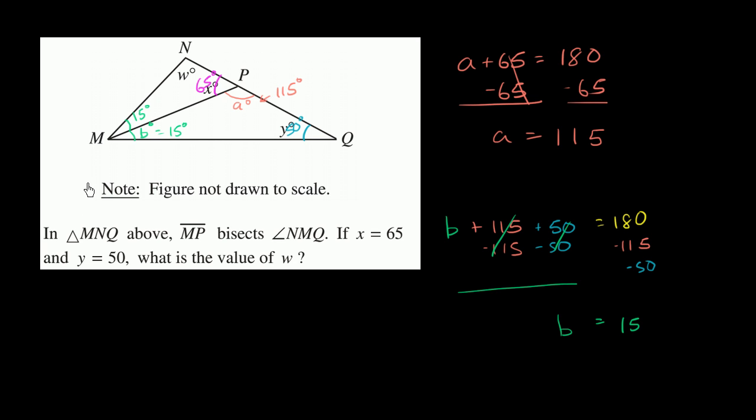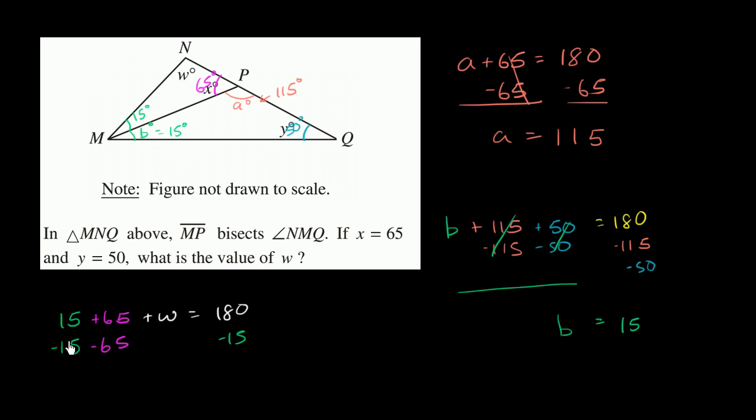Now there are actually two ways you could do it. You could look at triangle MNP, and we have 15 degrees and 65 degrees, and those and W are going to add up to 180. So 15 plus 65 plus W is going to be equal to 180. And we could subtract 15 and 65 from both sides. So subtract 15 from both sides and subtract 65 from both sides.